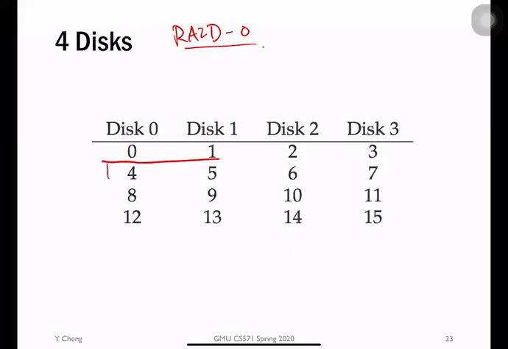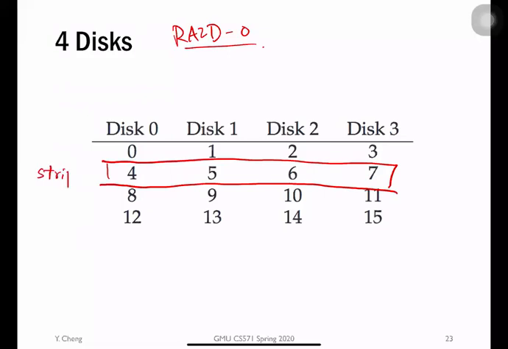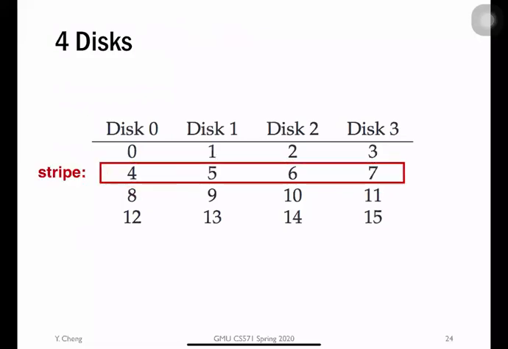For example, a stripe is 0, 1, 2, 3, or the second stripe is 4, 5, 6, and 7. It combines the logical blocks that belong to each and every one of the disks involved in RAID-0. So this is called a stripe.